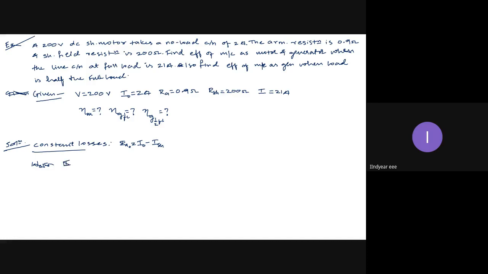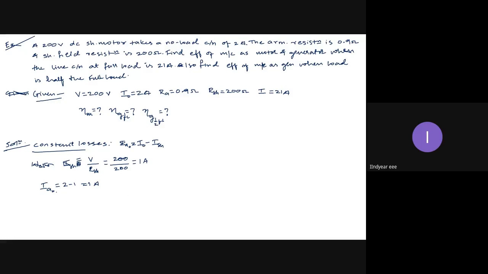ISH is V divided by RSH, 200 by 200, which is 1 ampere. Therefore IA naught is equal to 2 minus 1, which is 1 ampere. So the no load armature current is 1 ampere.